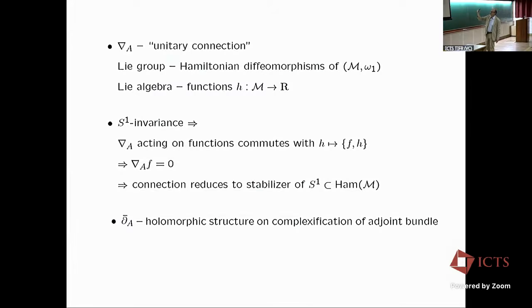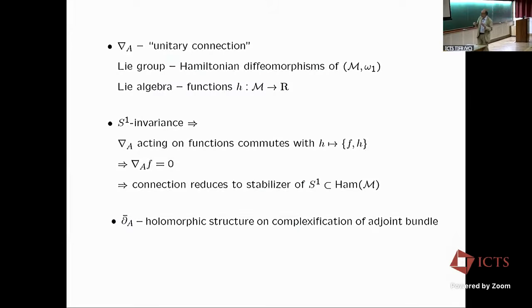We have S1 invariance, which means that the symplectic connection acting on functions commutes with Poisson bracket with F, which means that as an element of the Lie algebra, the covariant derivative of F is equal to 0. So that already means that the connection reduces to the stabilizer of a circle inside the group of Hamiltonian diffeomorphisms. So we've got a reduction.